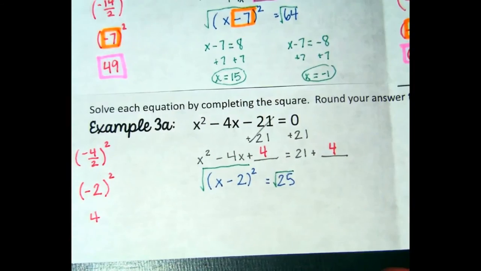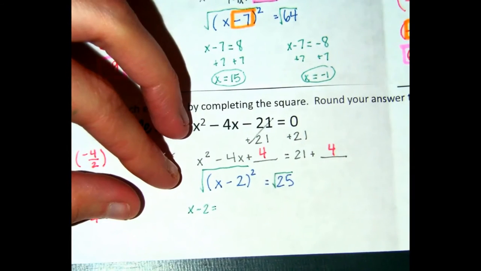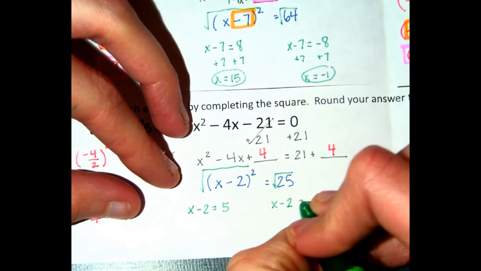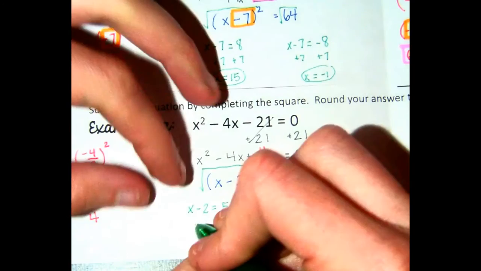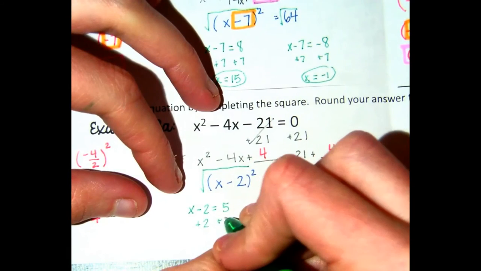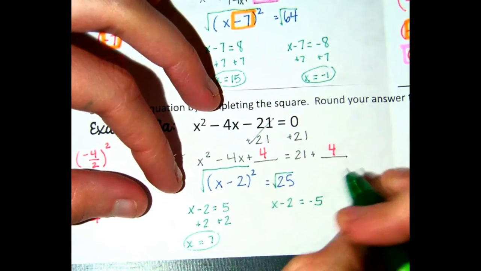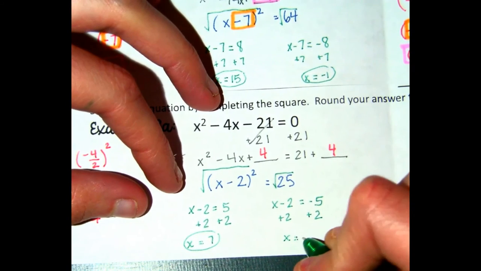Alright, x minus 2 equals 5. X minus 2 equals. Now what? So x equals. Add 2. X equals negative 3.